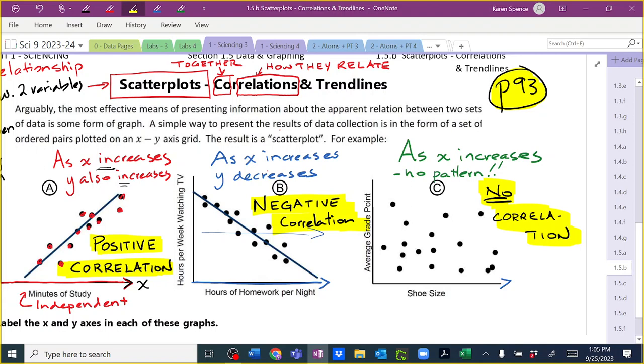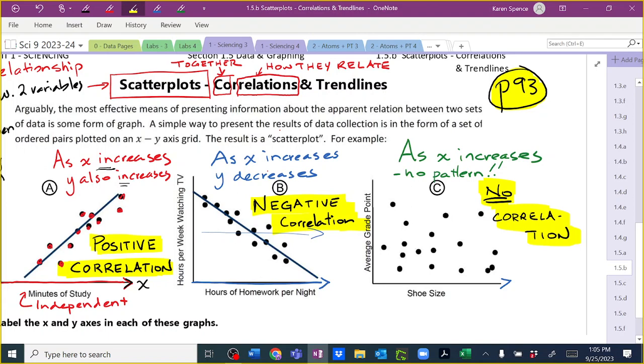Okay? All right, so what words do we have here? Let's see if we can get 6 words that are used in just this little top part of the page. Yes, Max. Negative correlation. What's another one? Positive correlation. What's another one? No correlation. Yes, Minty.